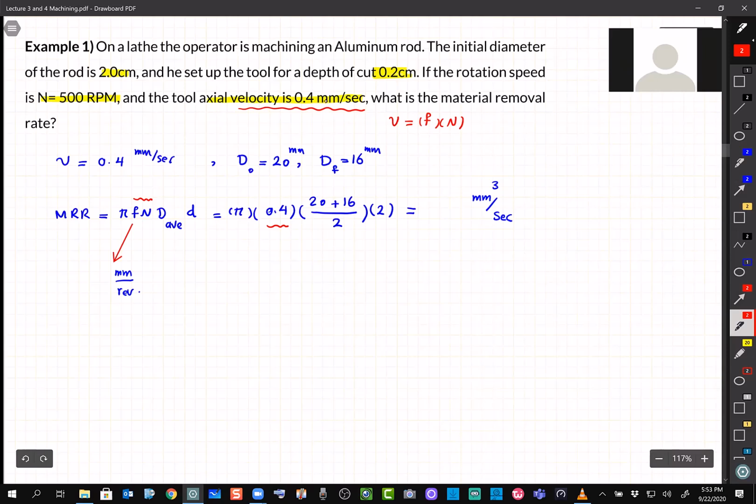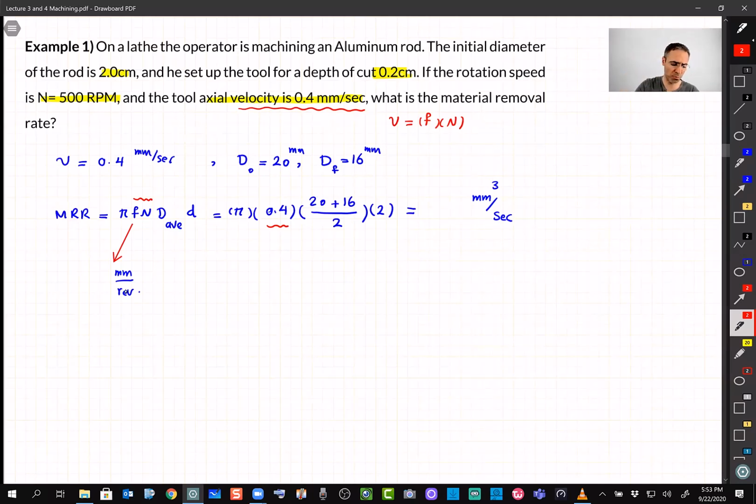That's why I emphasized, make sure in a question you check what information you have. Do you have the axial velocity, or the linear velocity, which is millimeter per second, or the feed? The feed is always millimeter or inch, doesn't matter, per revolution. How much the workpiece is moving in one complete revolution, all right?